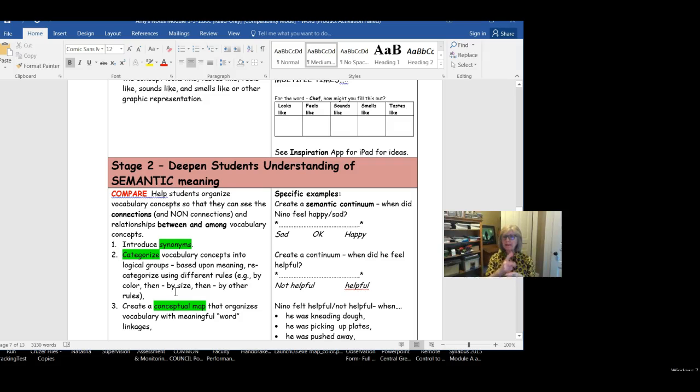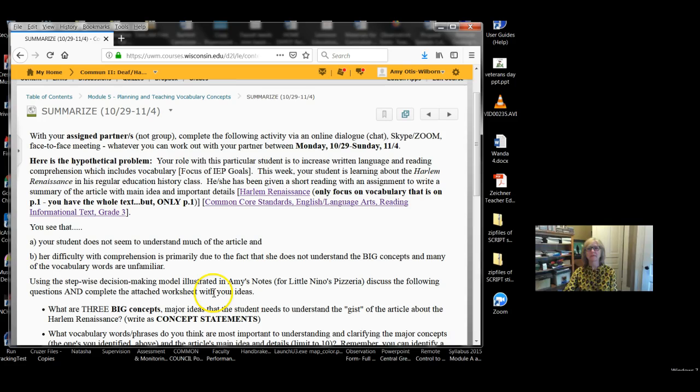Then, for summarize, it's your opportunity to do the same thing. For summarize, the situation is that you have a student who read the text and doesn't understand it. And you know that part of the reason is that they don't understand a lot of the vocabulary.